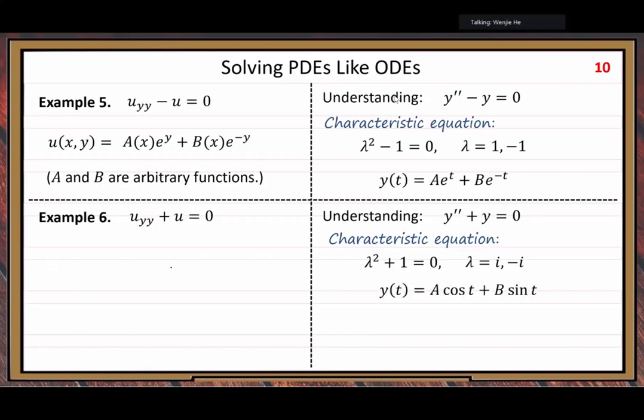Then when we write the solution, we can write capital A times cosine of t plus capital B times sine of t. Why cosine and sine? Because we can use Euler's formula, e to the it equals cosine of t plus i times sine of t. That's Euler's formula.